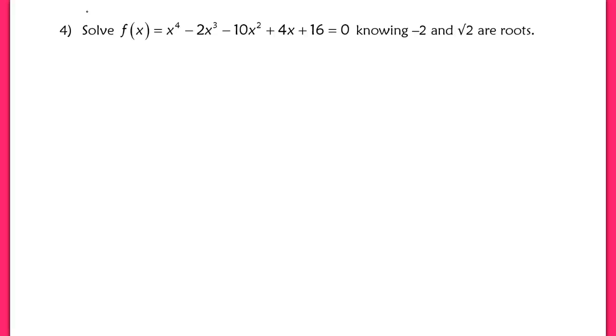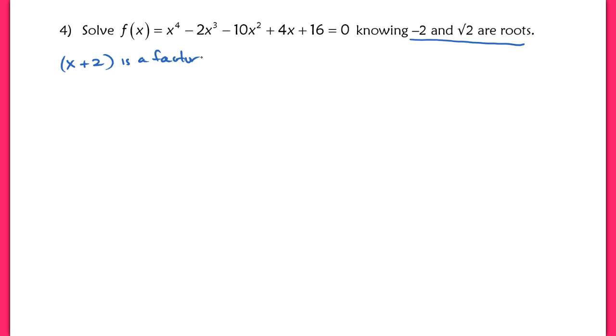So when we look at this, the question says, knowing that negative 2 and root 2 are roots, we are going to solve this 4th degree polynomial. Let's start with the fact that if negative 2 is a root, that means x plus 2 is a factor.